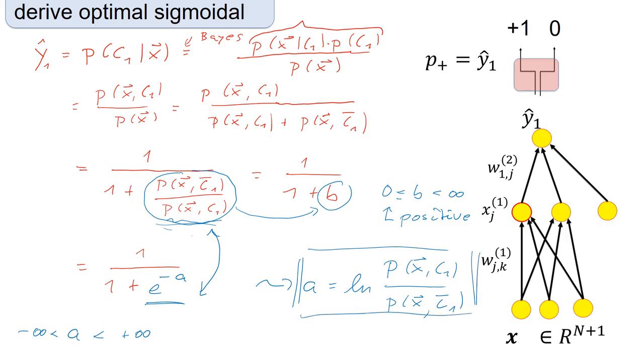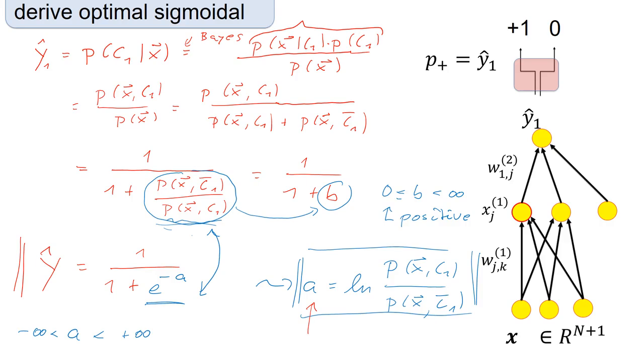Now let's come back to what we started out to do. We said we want a sigmoidal function, an output function that goes from 0 to 1, which is the case here. It's a probability. And this function now, as a function of this a, the activation variable of the neuron, has a nice sigmoidal shape.